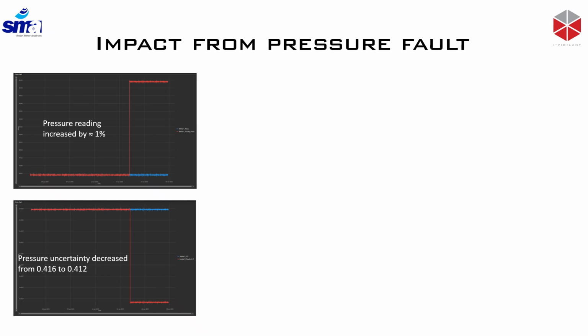when we calculate the uncertainty, we look into the uncertainty of the pressure transmitter. The actual pressure transmitter uncertainty actually decreased. The initial uncertainty was 0.416%, and then it decreased to 0.412%.